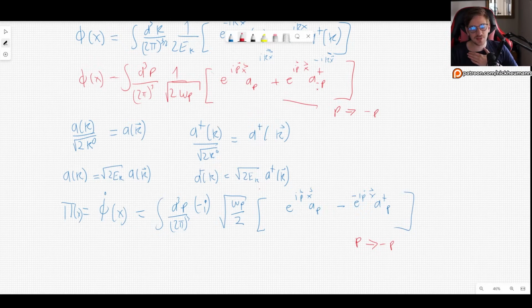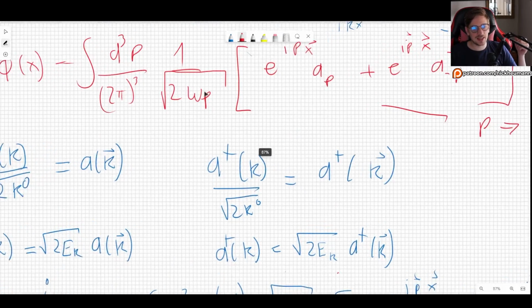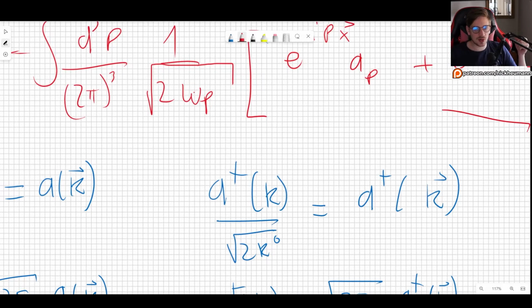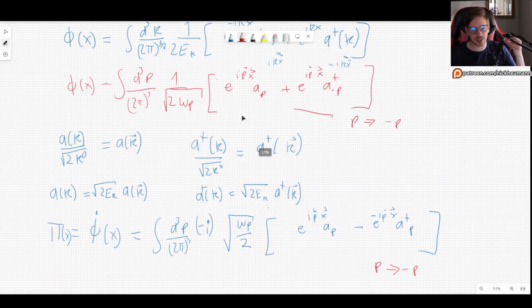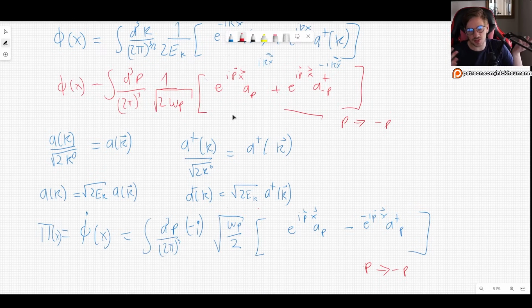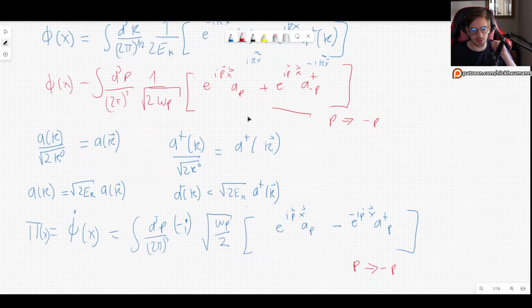The reason why we can do this is because we're integrating over every single value of p, so just switching the order here will not make any difference. In principle, we would also have omega of minus p, but since the energy is quadratic in p, it doesn't matter. You get the same result, so we don't have to worry about that.